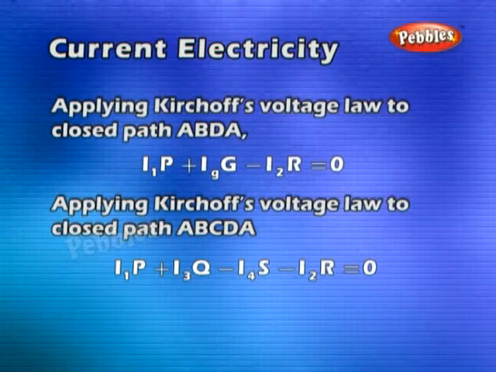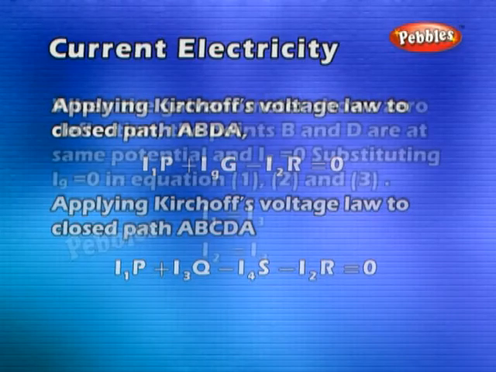Applying Kirchhoff's voltage law to closed path ABDA, I1P plus IG G minus I2R equals 0. Applying Kirchhoff's voltage law to closed path ABCDA, I1P plus I3Q minus I4S minus I2R equals 0.